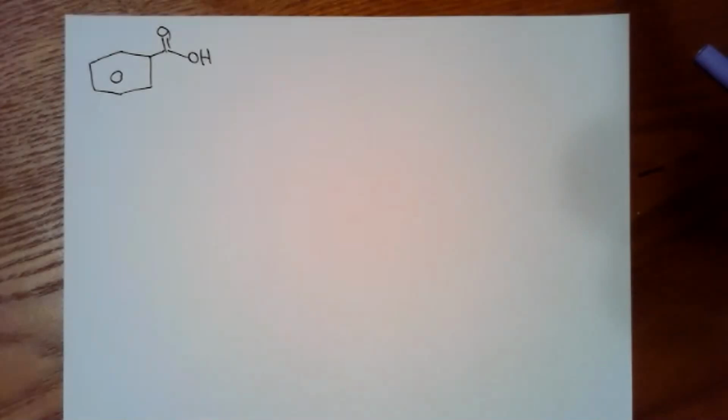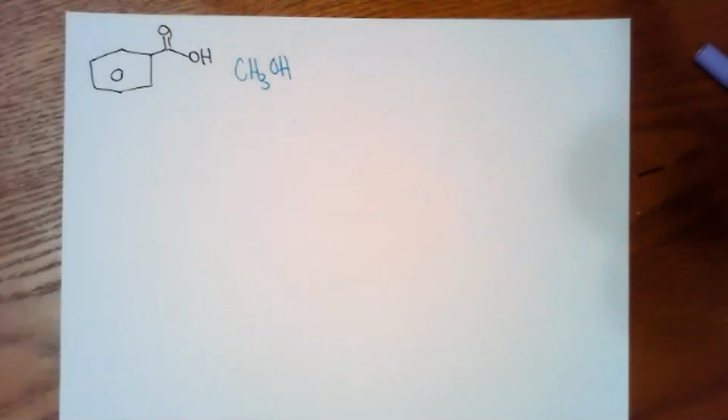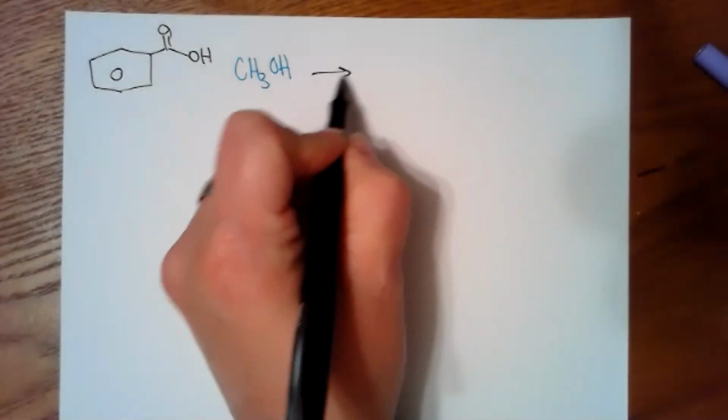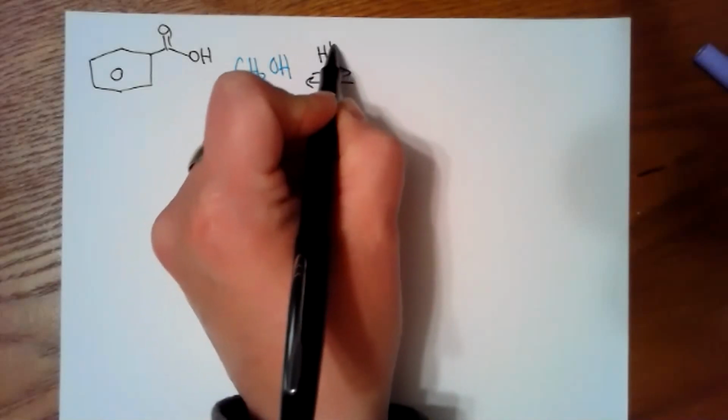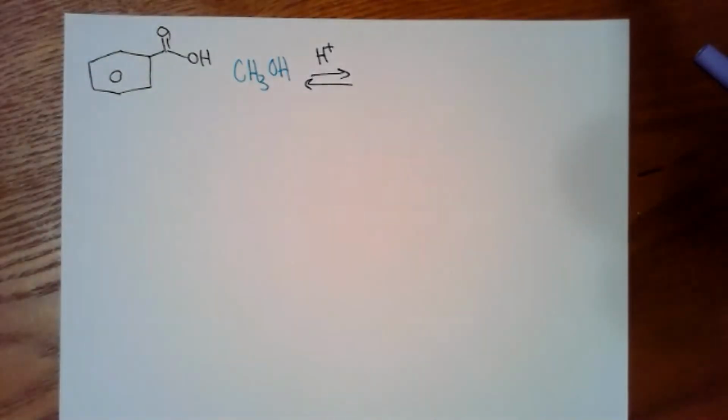And this example has methanol as the alcohol that we will react with. And you've got sulfuric acid as a catalyst. It's sulfuric acid, we're going to draw it as H+. If you don't like it that way, sorry, get over it.